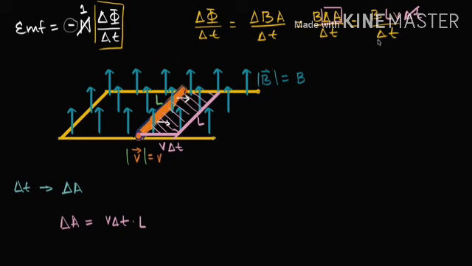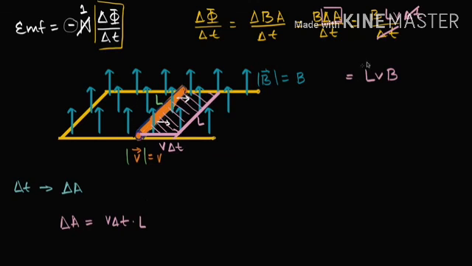Well, change in time divided by change in time, those cancel out. So our change in flux over that time, or our average rate of change in flux, we see simplifies to the length of our rod times the magnitude of our velocity, or our speed, times the magnitude of the magnetic field that is going perpendicular to the surface.